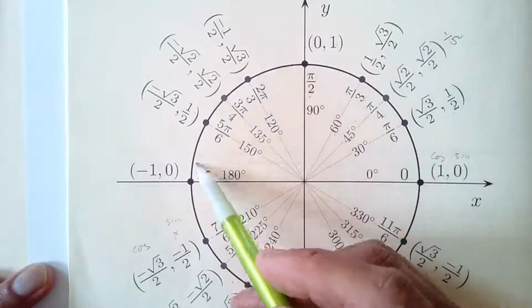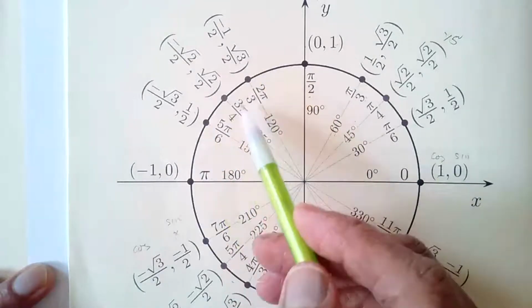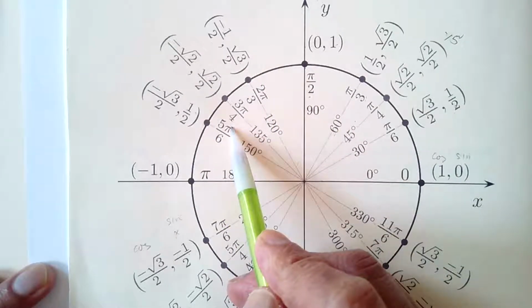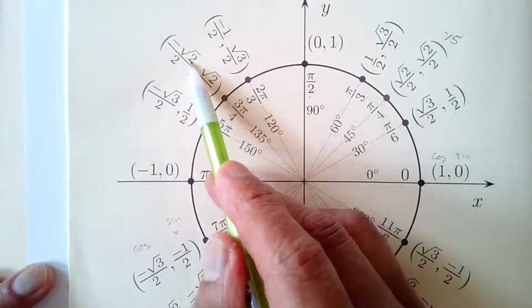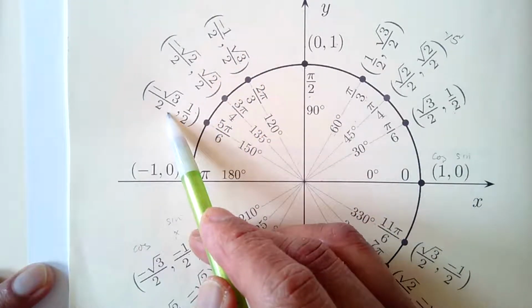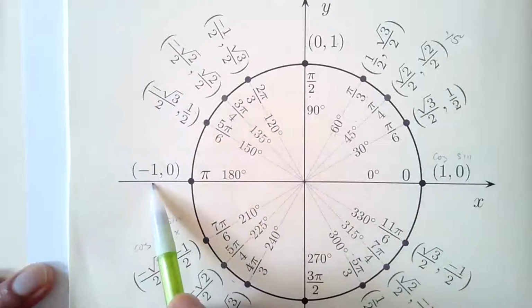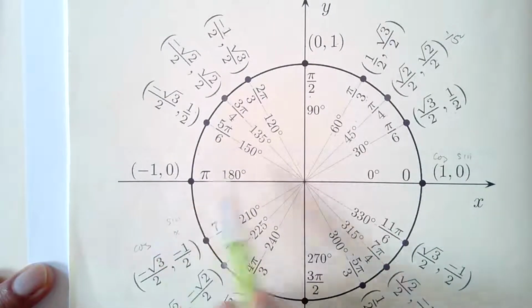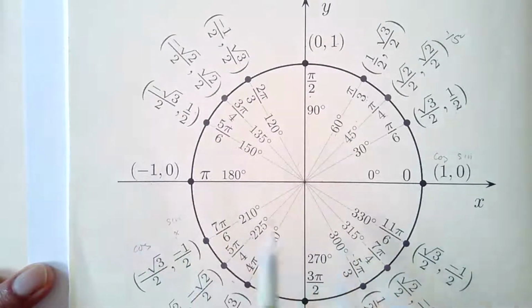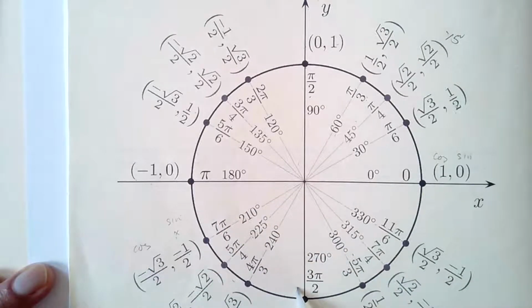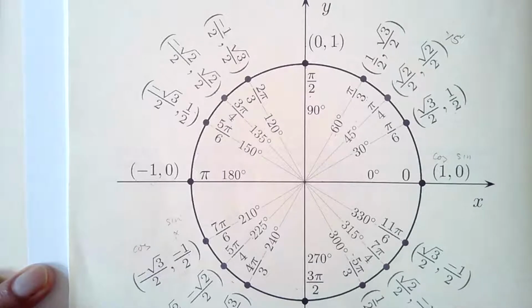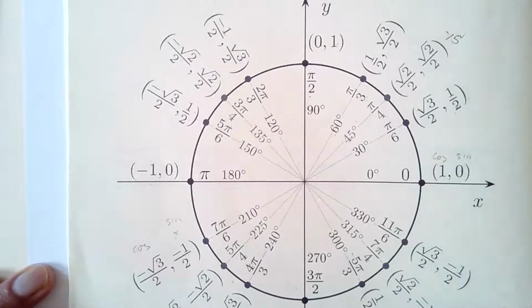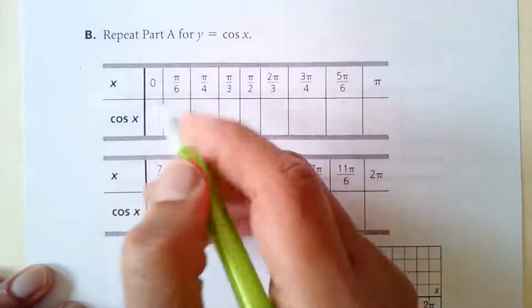And then it repeats, except now in quadrant 2, cos is negative. That's why you have negative a half, negative root 2 over 2, and negative root 3 over 2. And cos of pi is negative 1. Also in quadrant 3, cos is negative, but it's positive in quadrant 4. So we'll repeat a pattern here.